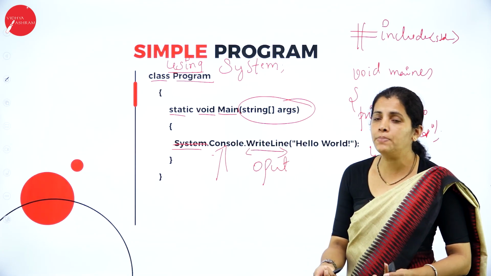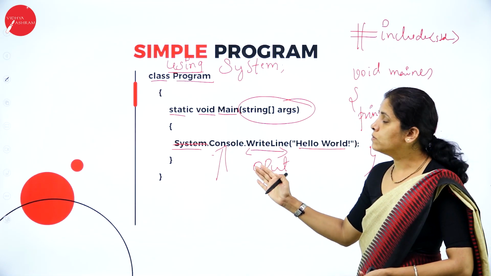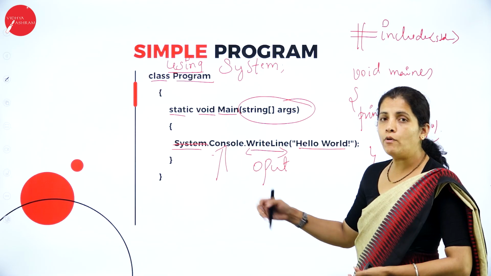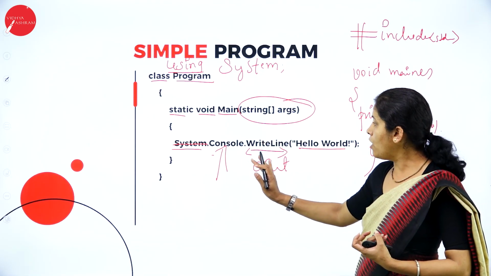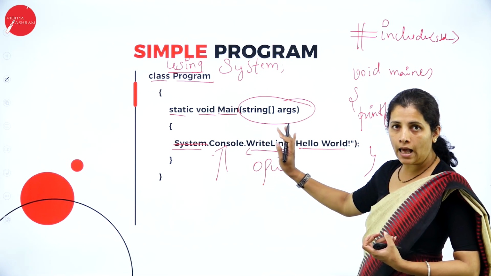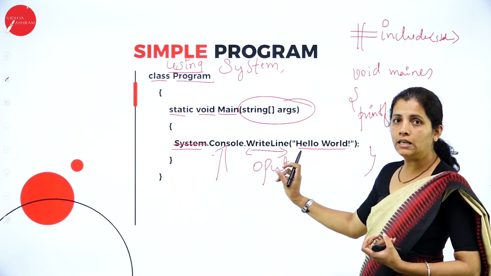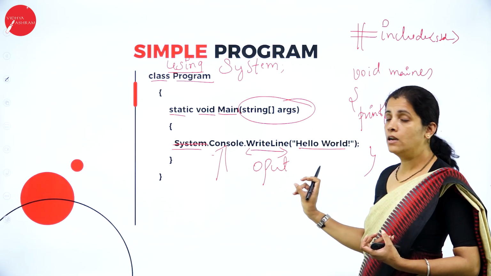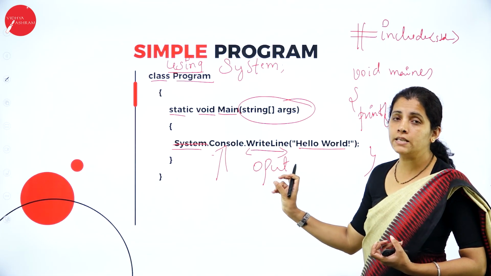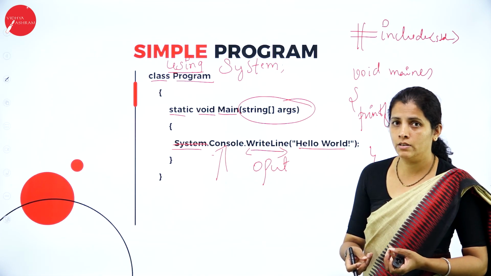What do I want to display? That is hello world. Now if I want to read the input from the keyboard, instead of WriteLine I'm going to have ReadLine. Console.ReadLine. Now Console represents the keyboard because I'm going to read the input.